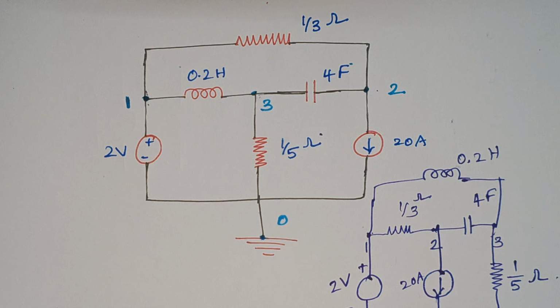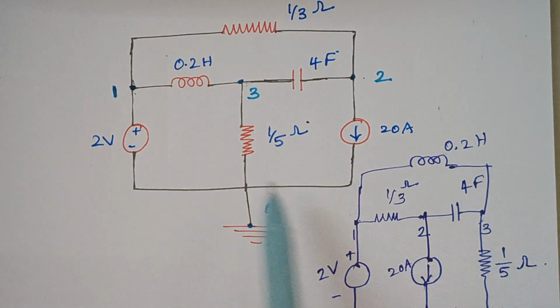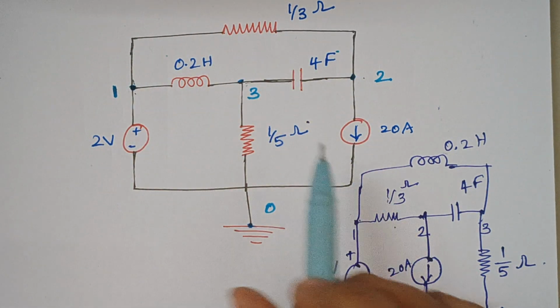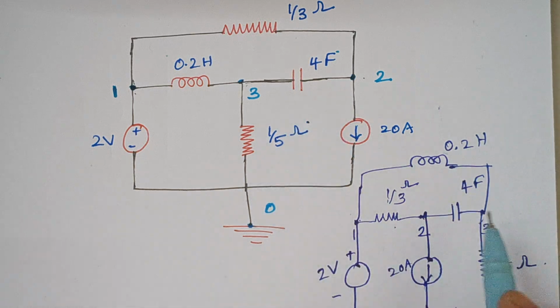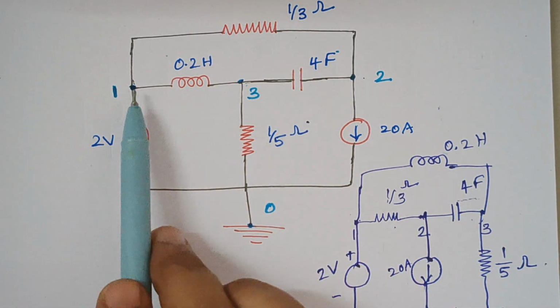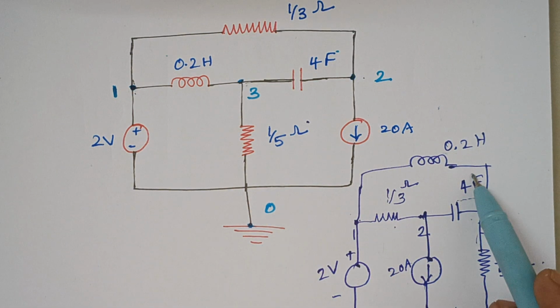So here each and everything is correct, right? Between 1 and 2 there is 1 by 3, here it is 1 by 3, and between 2 and 3 there is 4 farad, here there is 4 farad, and again between 1 and 3 we have 0.2, so between 1 and 3 we have 0.2 Henry, right?